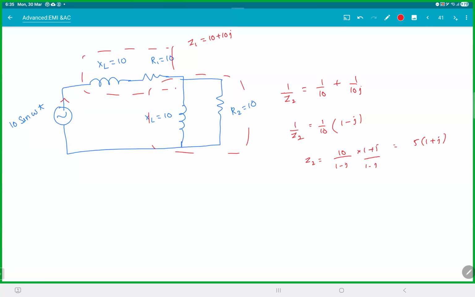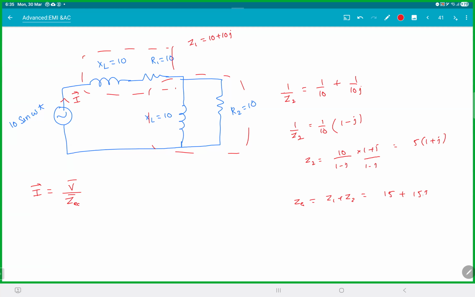So I can find the current here. So what is the net system ka Z equivalent? So this current I here, I bar will be V bar by Z equivalent bar. So Z equivalent will be Z1 plus Z2, which is 10 plus 10J plus 5 plus 5J, that is 15 plus 5J... that is 15 plus 15J.